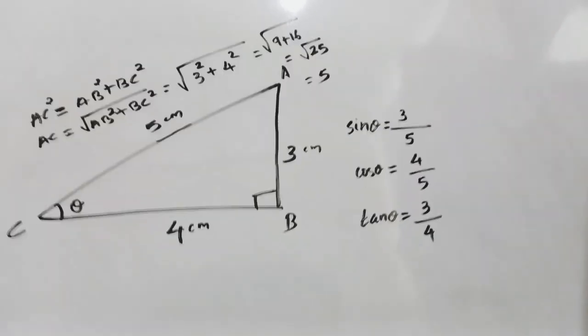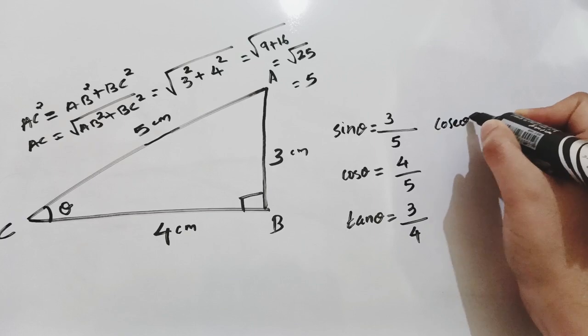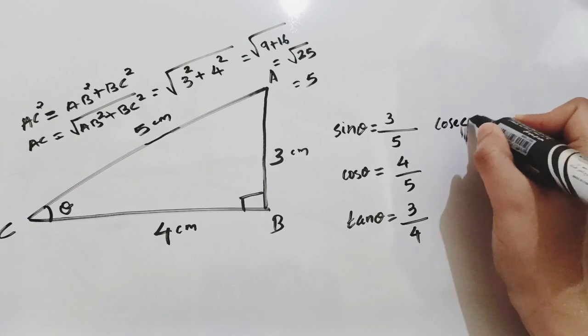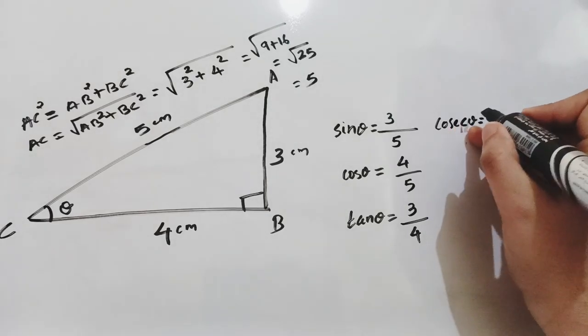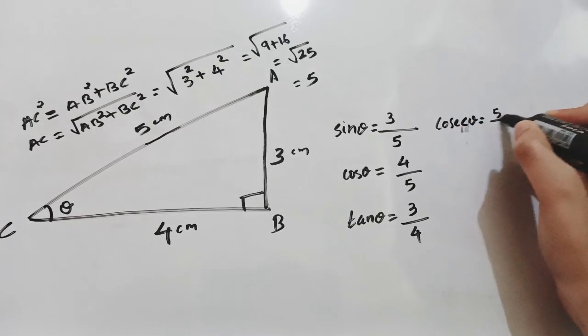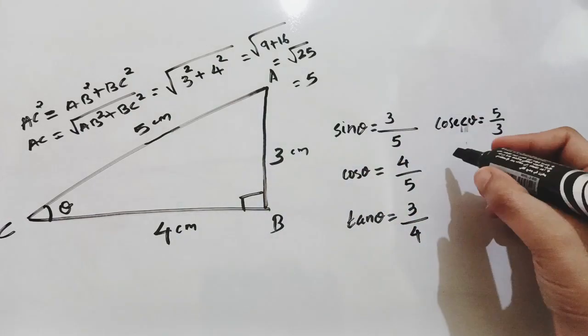Then we can write cosec theta as 1 by sin theta, that is 5 by 3, or we can write cosec theta equal to hypotenuse by opposite side, that is 5 by 3.